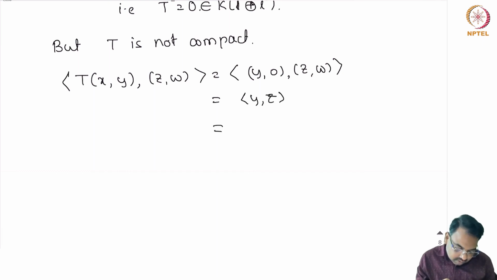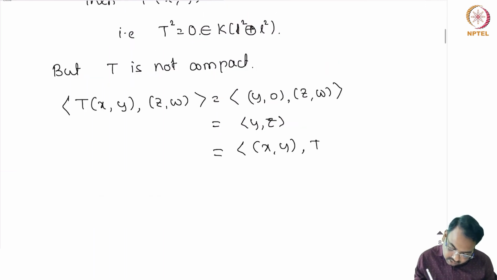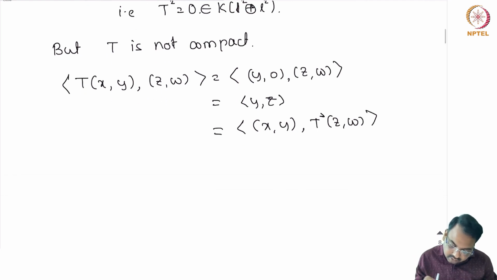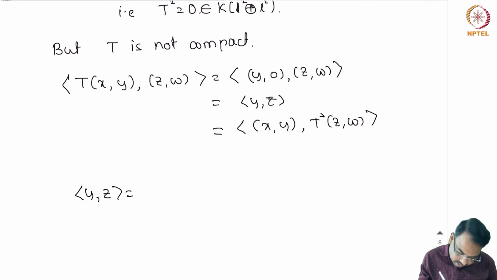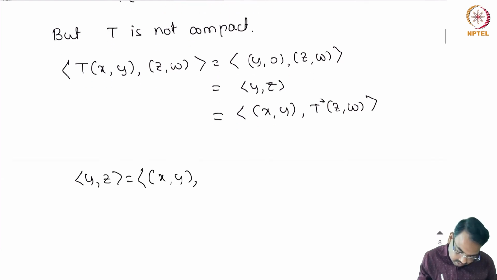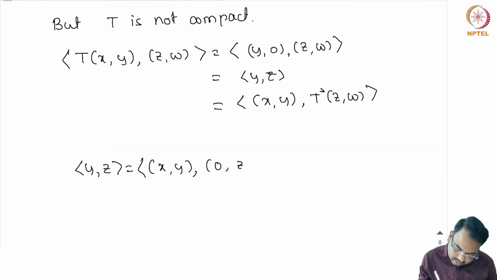So you want to express this as inner product (x, y) with something, and that something is T star of (z, w). Now y inner product with z can be written as (x, y) inner product with (0, z).